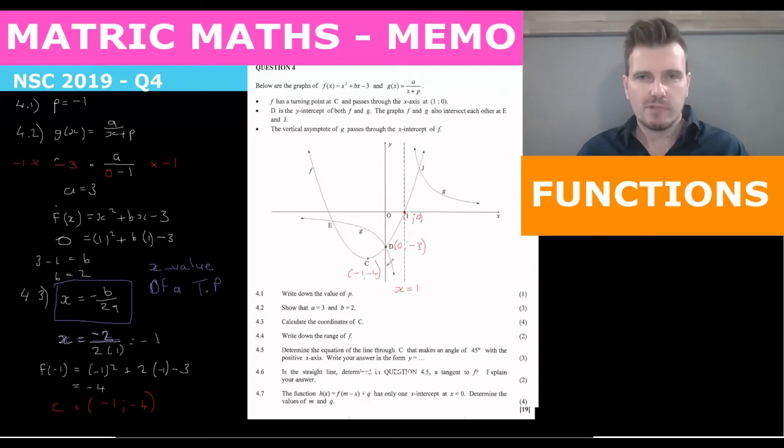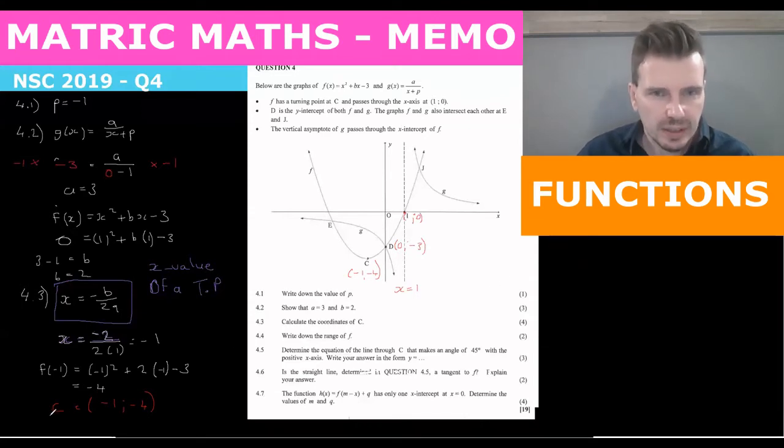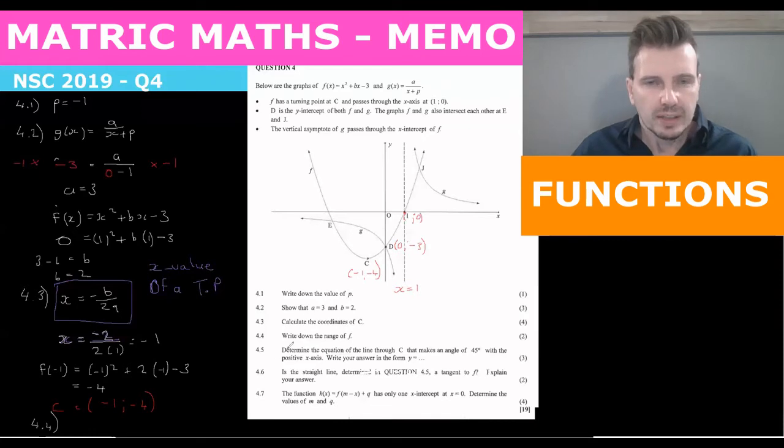Okay, now they want the range of f, the possible y values of f. I think I can actually fit that in at the bottom here, 4.4. Okay, so the range of f.